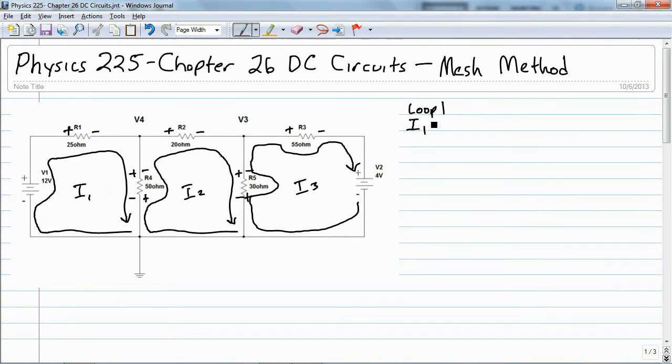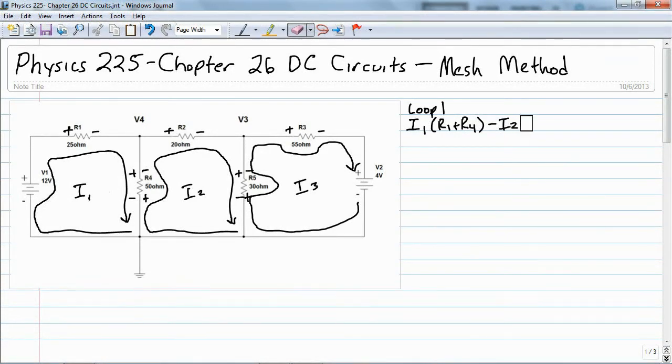I'd have I1, and I'm going to add the resistors around this loop going in that direction, so R1 plus R4, and then subtract any loop that's connected to it, in this case I2, and the resistor is R4.